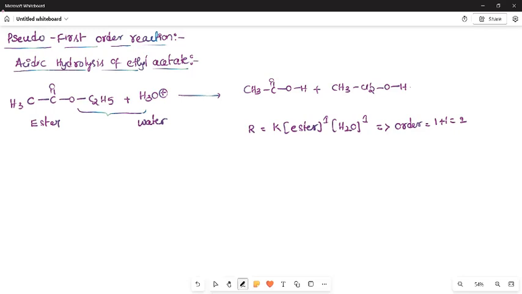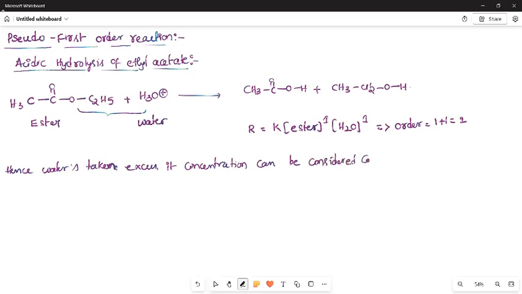Hence, water is taken in excess, and its concentration can be considered constant.